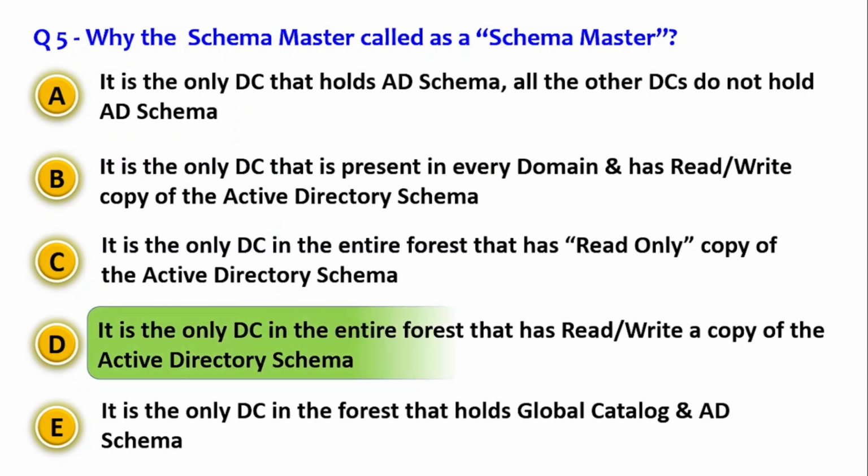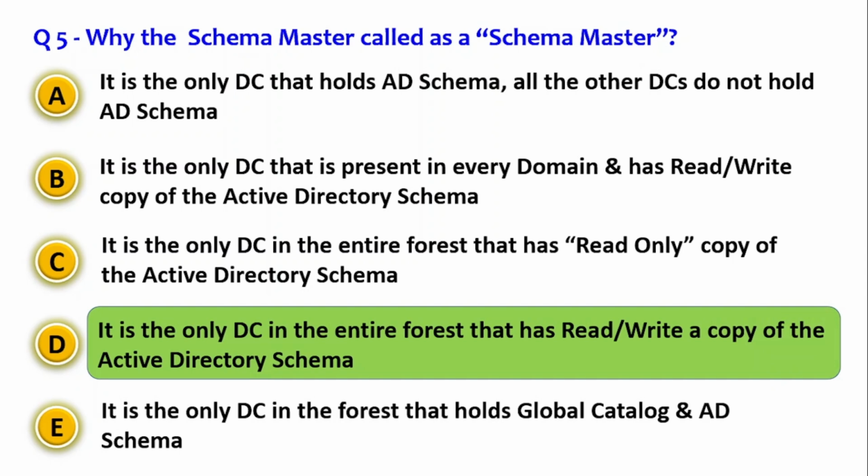So the correct answer is, it is the only domain controller in the entire forest, a single domain controller. It's a forest-wide role, Schema Master, which has read-write copy of Active Directory schema. Rest all the domain controllers in the entire forest will have read-only copy of Active Directory schema. That's the reason it's called as a Schema Master.